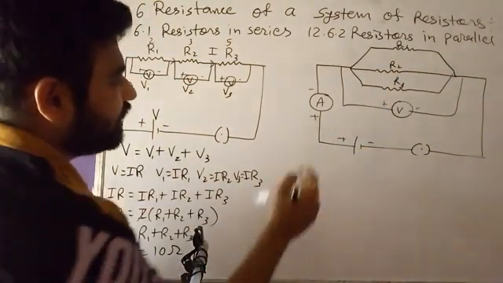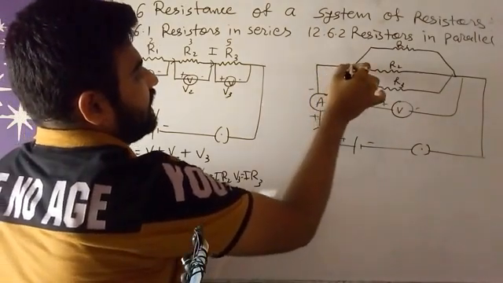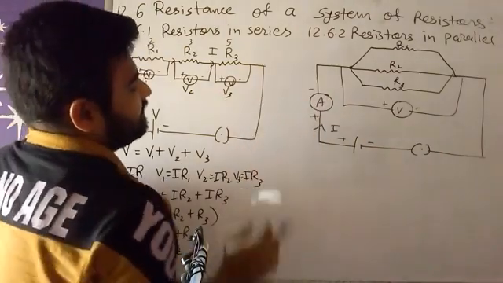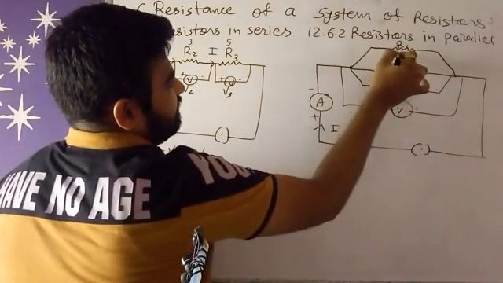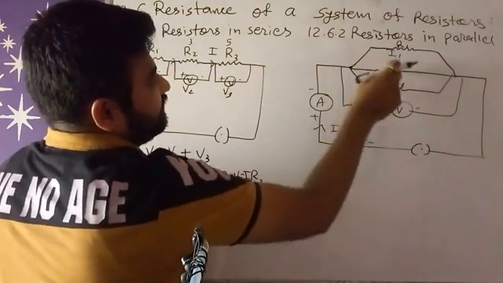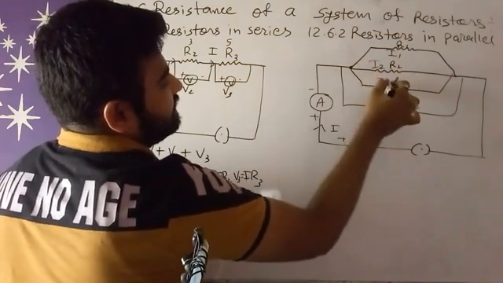Now from here the total current I is flowing, but from here the current has three different divisions. So from here the I1 current will flow according to the R1 resistance. If this resistance is more than this one, the current will be lesser than that. And here the I3 current.